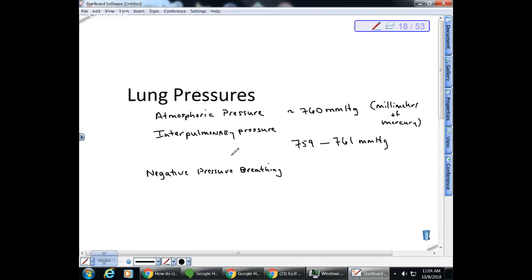But we have negative pressure, which means there is a negative value, and that draws air in. So during inhalation, the interpulmonary pressure drops, and this causes air to be drawn automatically into the lungs.